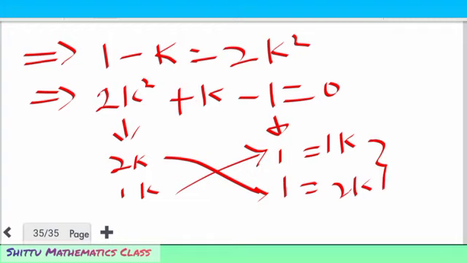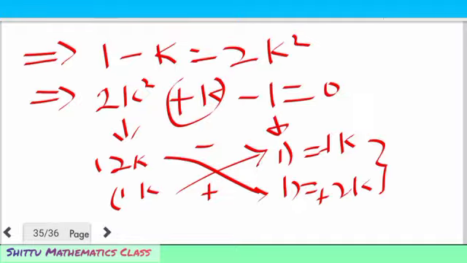What can we do to these two that will give us the middle term? If you say plus 2k minus 1k, we are going to have plus k. Therefore we put plus here and minus here. So these two are now going to be our factors.